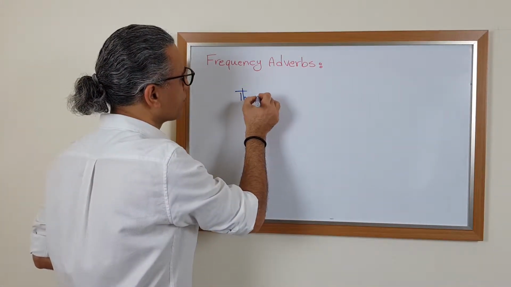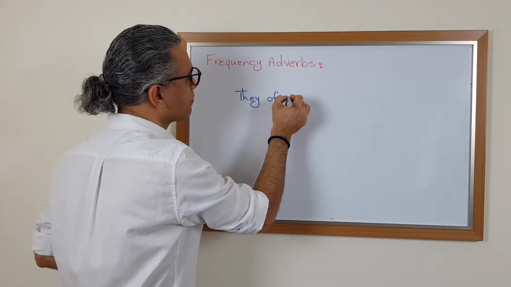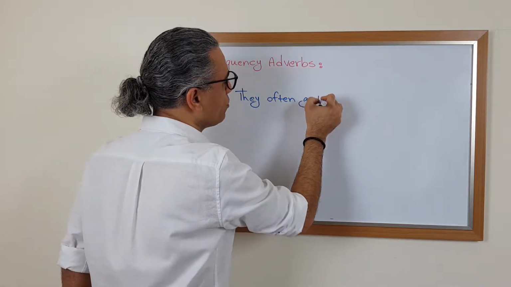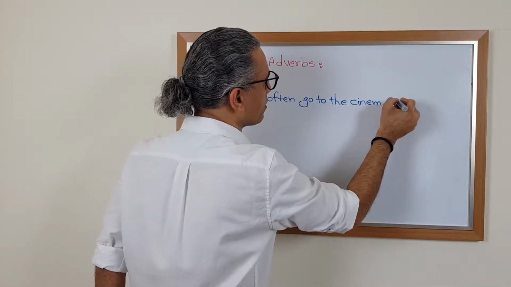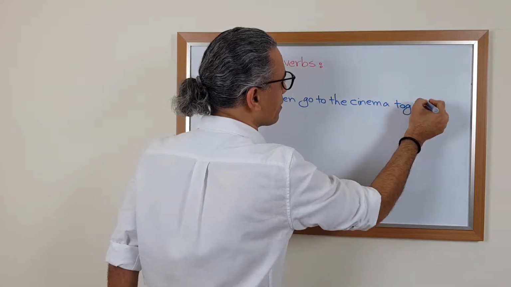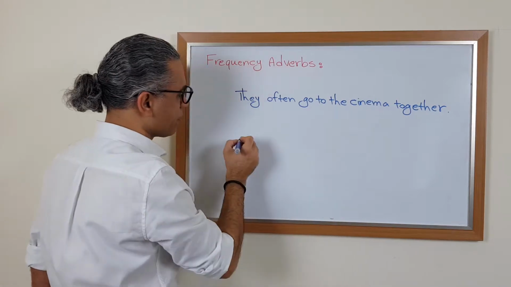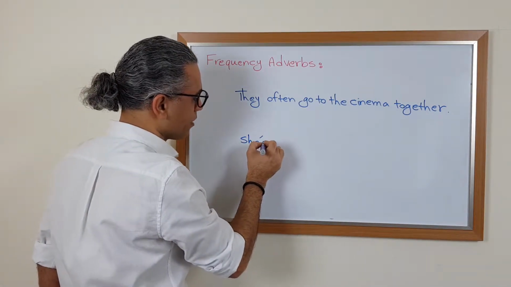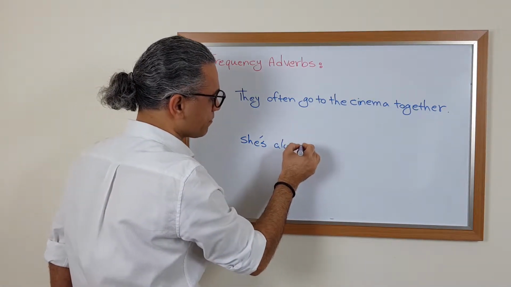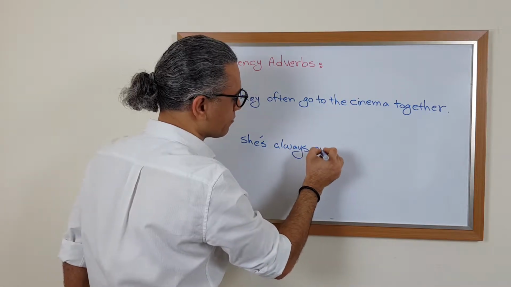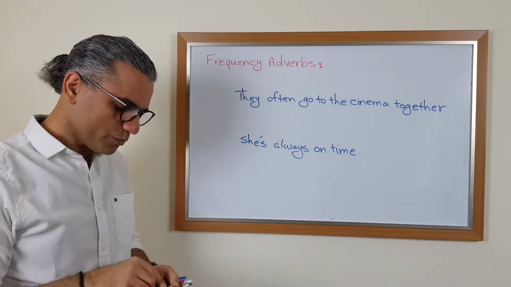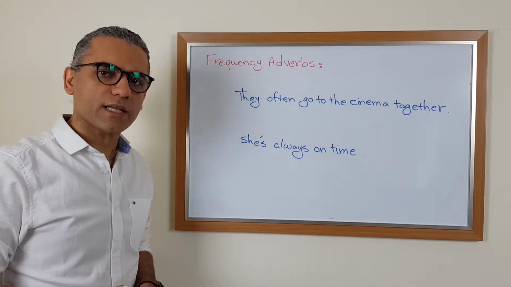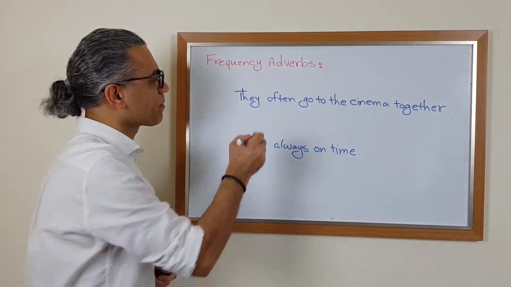They often go to the cinema together. Another example: she is always on time. Look at the frequency adverbs in these 2 examples.